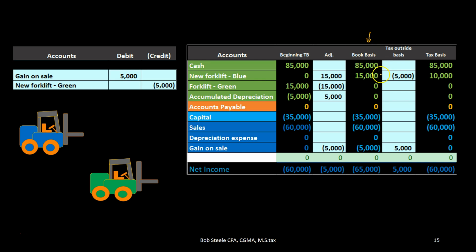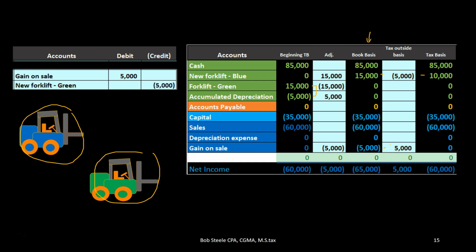We have the forklift on the books at the fair market value 15, and we recorded the gain. And then for taxes, what we're basically doing is we're going to reduce the fair market value down to 10. 10 is going to be equal to the book value before the transaction. So the book value of the green one is now what we're going to put the blue one on the books for, and we're going to therefore eliminate the gain.